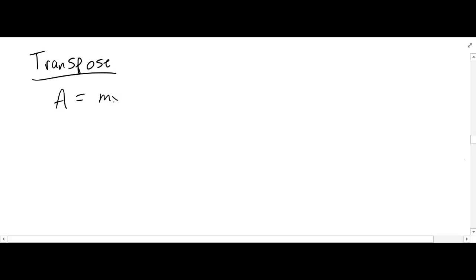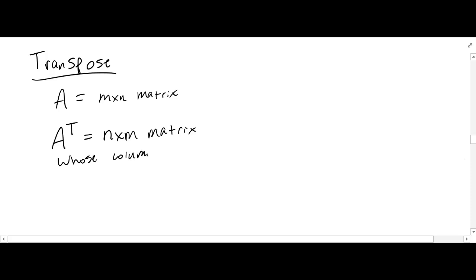So if A is any m by n matrix, then A transpose is an n by m matrix whose columns are the rows of A. So basically, to get A transpose, you change the rows into columns and the columns into rows.